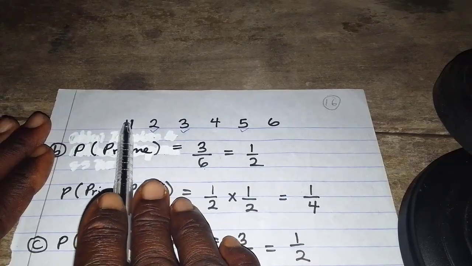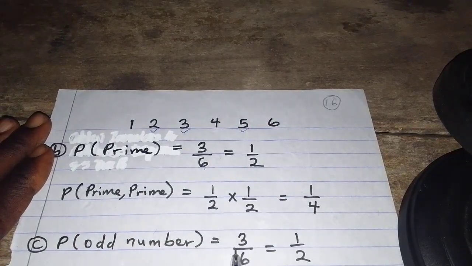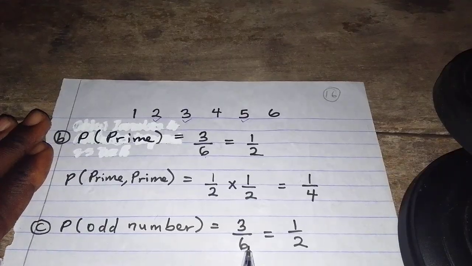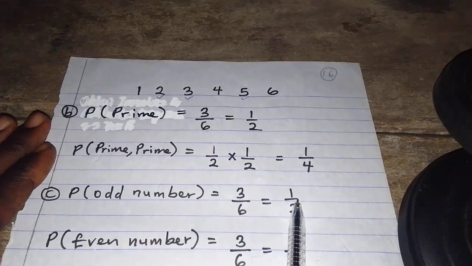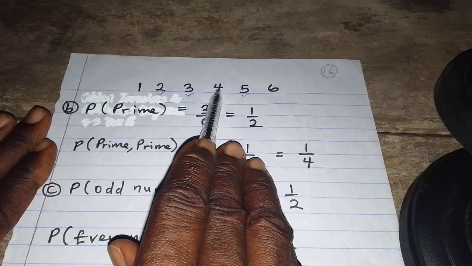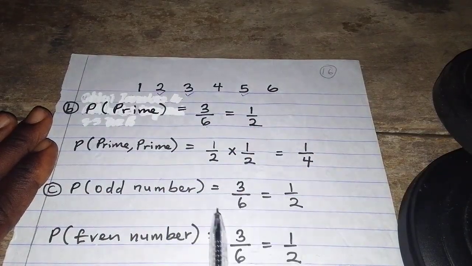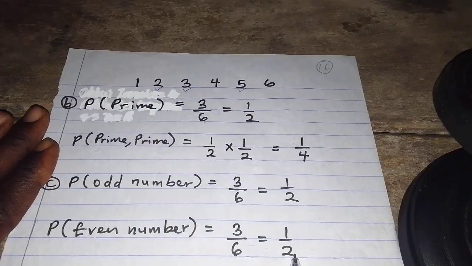How many odd numbers? 1, 2, 3. So you have 3 odd numbers over the total number of outcomes, which is 6. In the lowest terms that gives us 1/2. The probability of getting an even number: how many even numbers do you have here? 1, 2, 3. So you have 3/6, which is also 1/2.